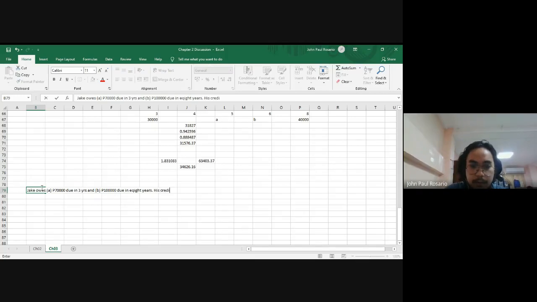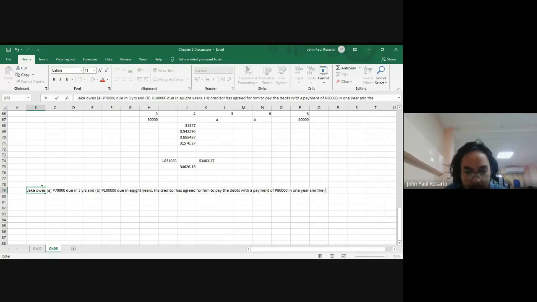His creditor agreed for him to pay the debts with a payment of 80,000 in 1 year and the remainder in 5 years.